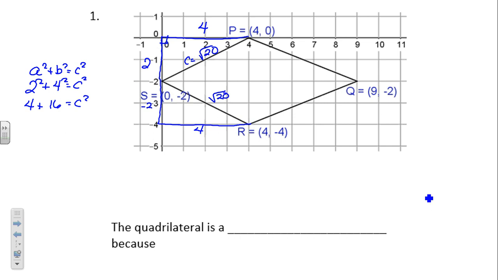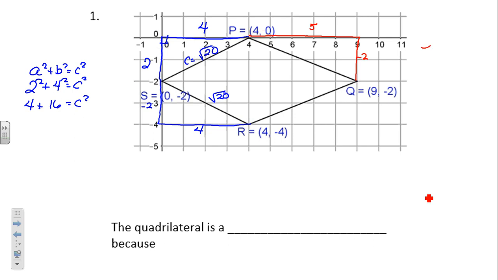Now, we've got to figure out what's going on with this one. On this side, we have gone right 1, 2, 3, 4, 5, and down 2. So is that going to be the same as a triangle with legs of 4 and 2? No, but let's find out what this length is for this hypotenuse.